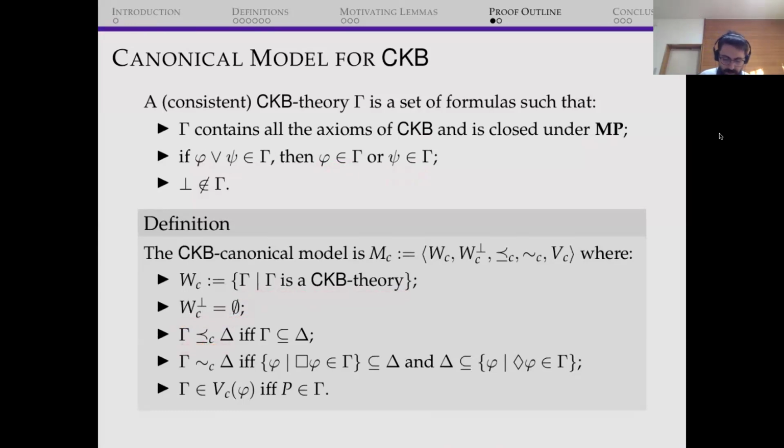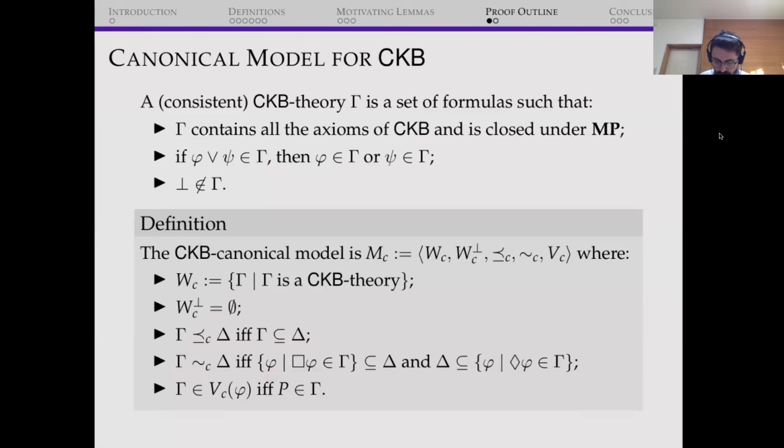A world can access another one if the other one has more information. And the modal relation is essentially what you expect for the truth lemma to work: you can go from gamma to delta if every box phi in gamma is in delta, and if everything phi in delta appears as a diamond in gamma. And for evaluations, we just look at the definitions.